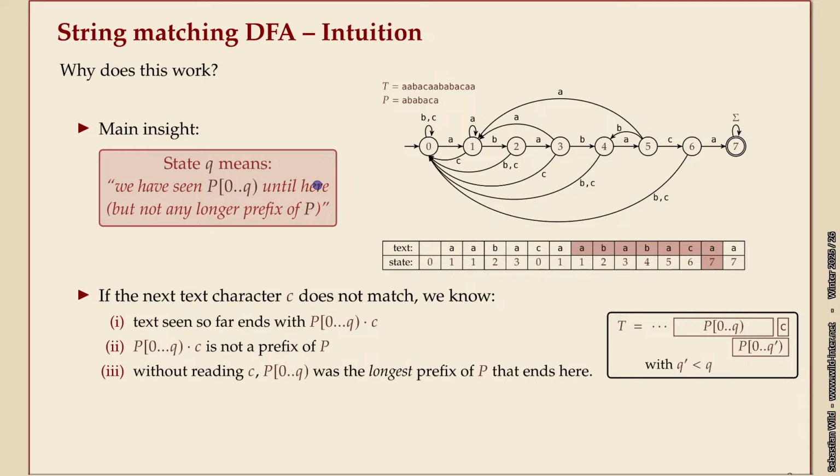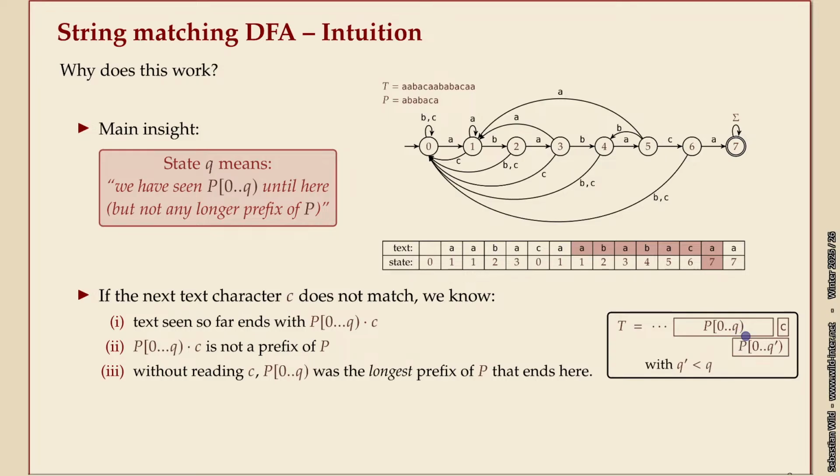That's why here the meaning, the semantics of being in a certain state, is that the longest prefix of the pattern I can have seen so far by reading through the text has that many characters. If that's the case, then any transition can only reduce the length of this if there's a mismatch.